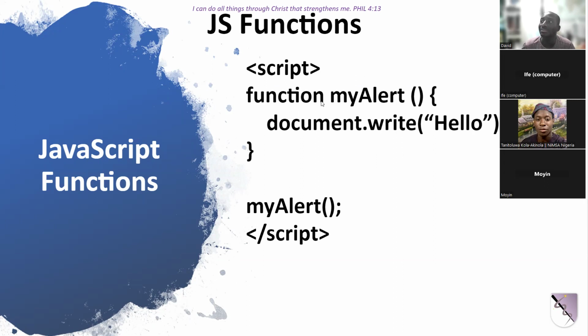There are different ways of writing functions in JavaScript, but this is the most basic way. To call it, you just give the name of the function and then always the open and close parentheses if the function has no parameters. And you always have to end every statement in JavaScript with a semicolon, just like you have to end every rule with a semicolon in CSS.